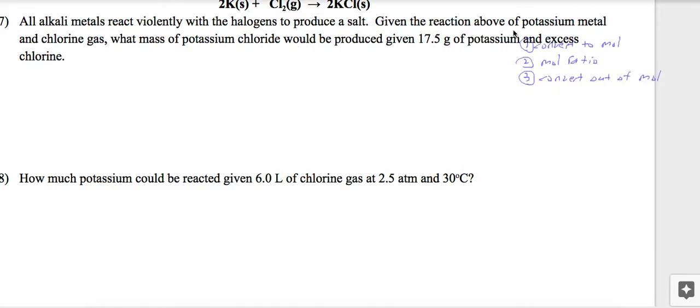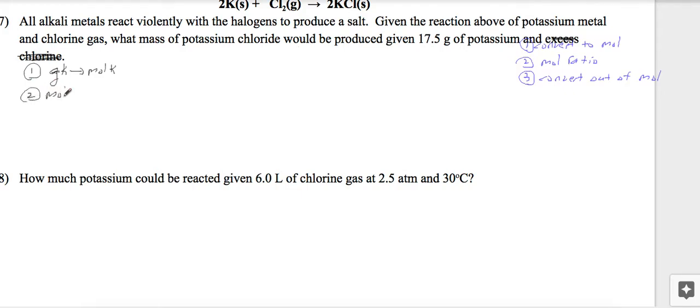So first thing I'm going to do is cross out this excess chlorine. We don't do anything with it. We have a mass of potassium, so we take that mass of potassium and convert it into moles of potassium.